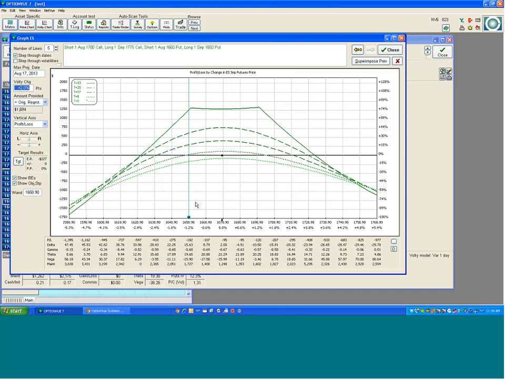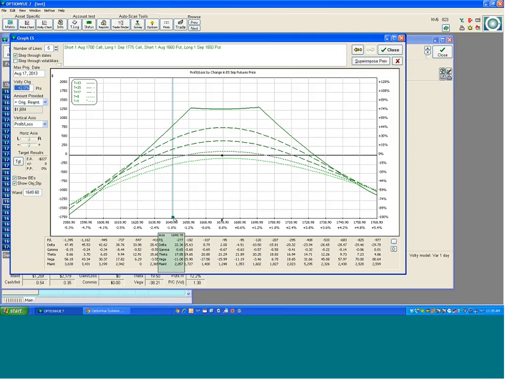So what we need to do then is make an adjustment to acquire negative deltas to counteract the positive ones that we have, and we may even want to acquire some positive Vega on the adjustment in order to benefit from the anticipated escalation of IV that might occur as the market keeps going down.